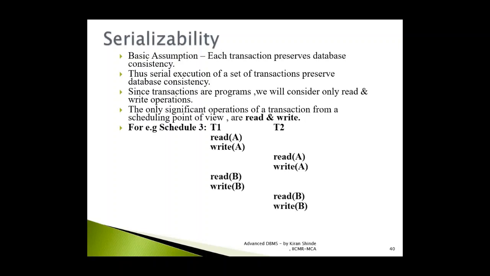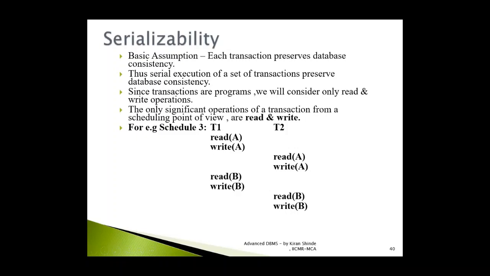So this is the first schedule in this video session. We have already discussed it when we talked about the concept of a schedule. Here you can see there are two transactions, T1 and T2, with multiple instructions, and you can see the order in which they are executed. The first observation is that this schedule 3 is not a serial schedule.